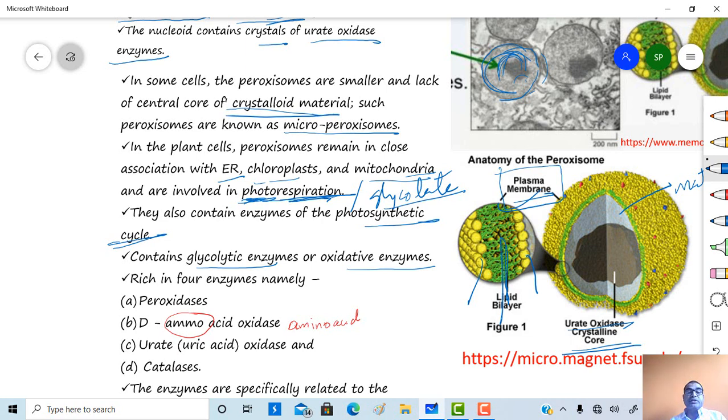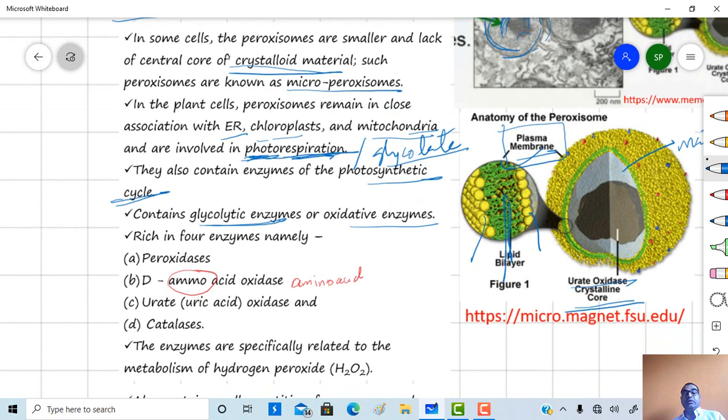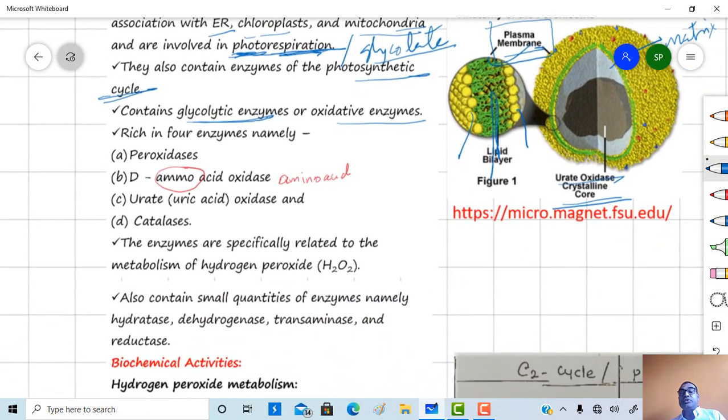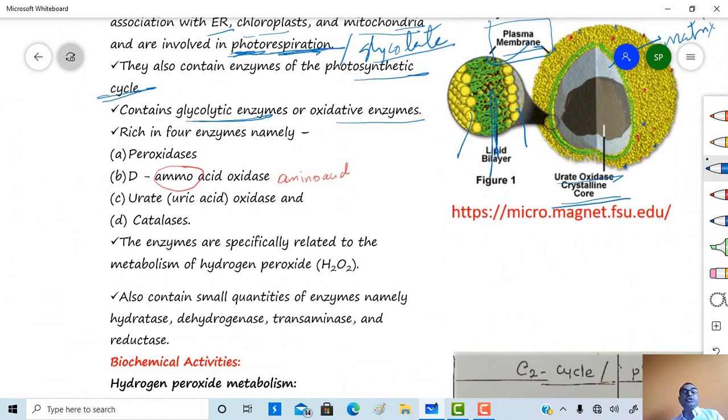This contains hydrolytic or oxidative enzymes, and is rich in four enzymes, namely peroxidase, D-amino acid oxidase, urate oxidase, and catalase. Catalase enzyme is especially related to the metabolism of hydrogen peroxide.